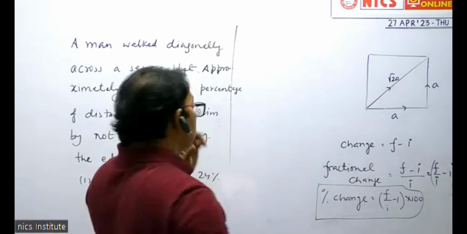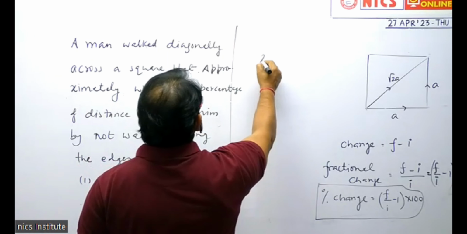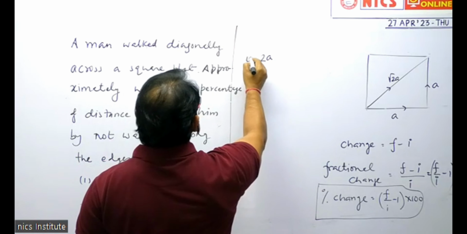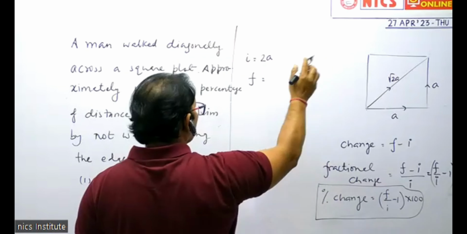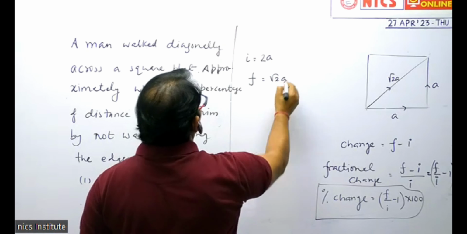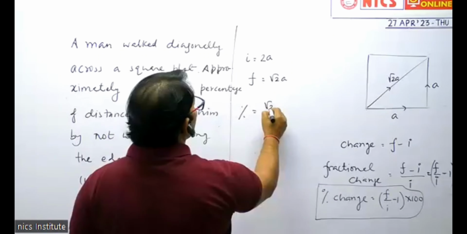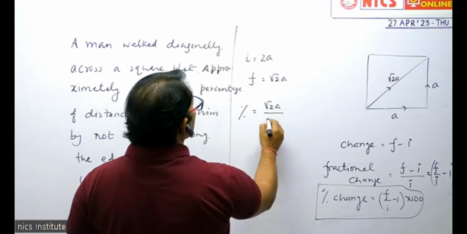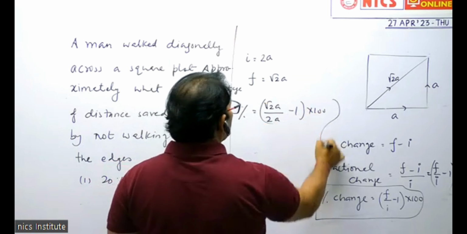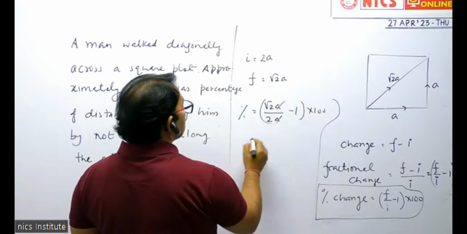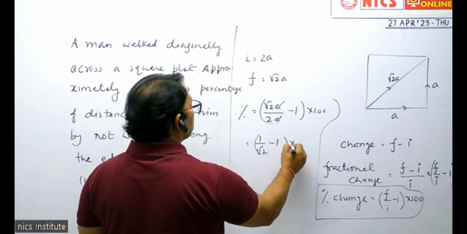So here, if he's initially walking along the edges, he'll be traveling how much distance? 2A. But if he decides to walk diagonally, it will be root 2 A. So the percentage change will be how much? Final is root 2 A, initial is 2A, minus 1 into 100. A and A cancel out. This is 1 by root 2 minus 1 into 100.